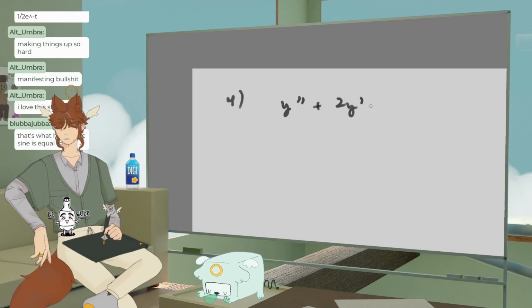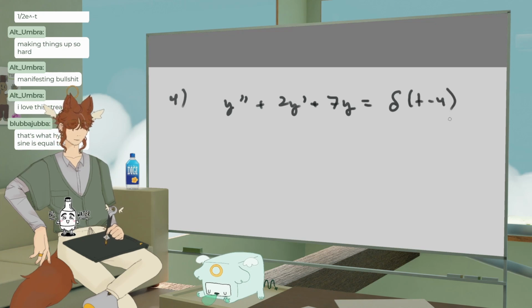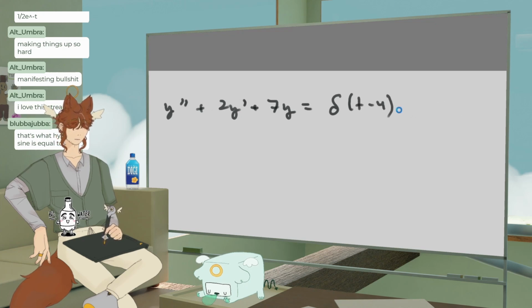Plus 2y prime plus 7y equals the delta function of t minus 4. I don't remember if I told this story, it was so funny though. We were learning about the delta function and this one guy in my class was suggesting this problem because we had extra time, and the professor was like, somebody give me a problem, and he started writing on the board.